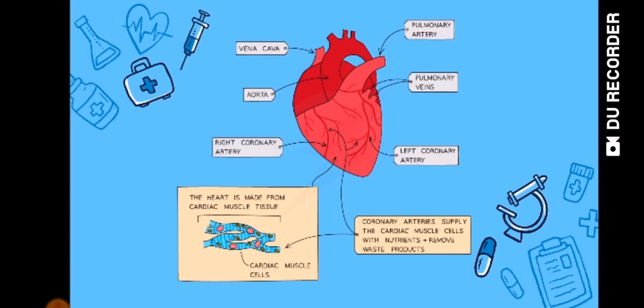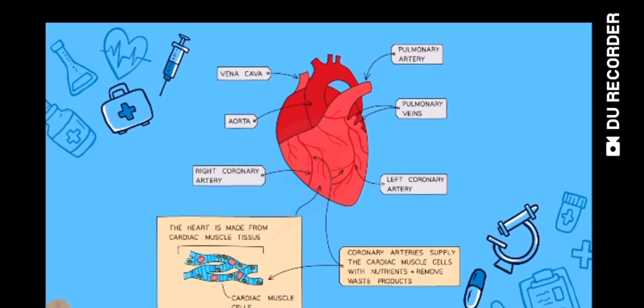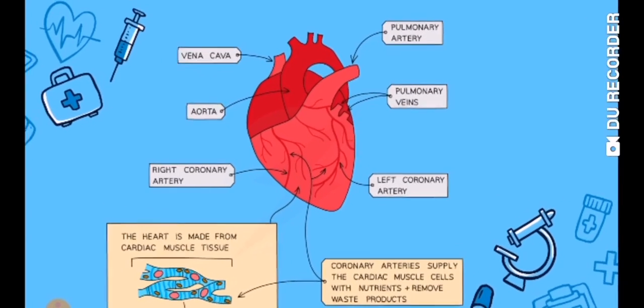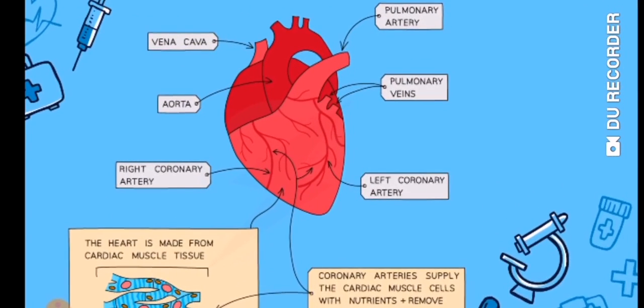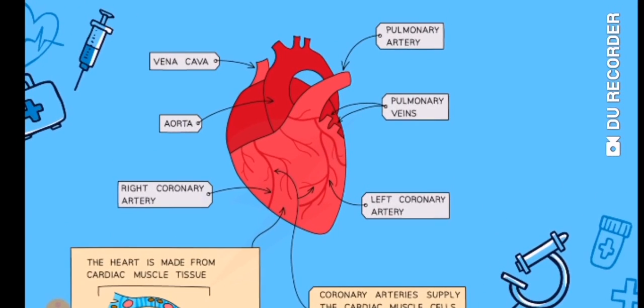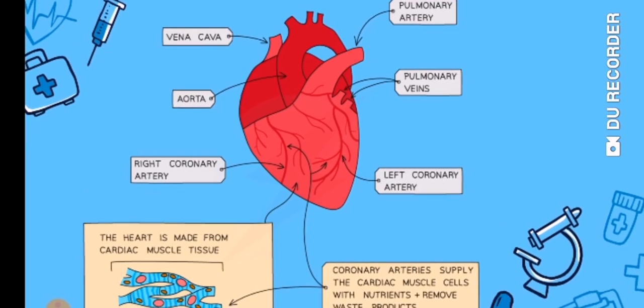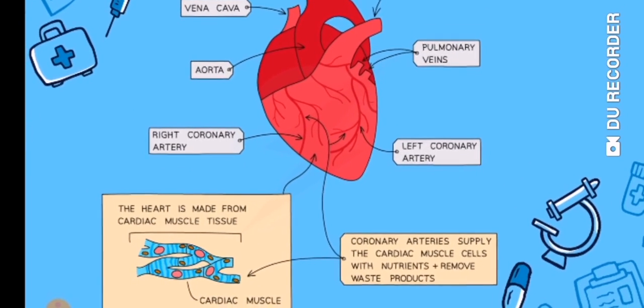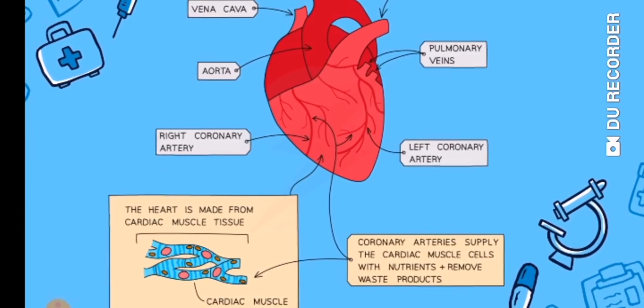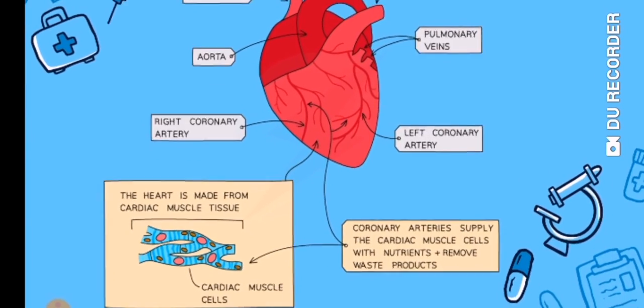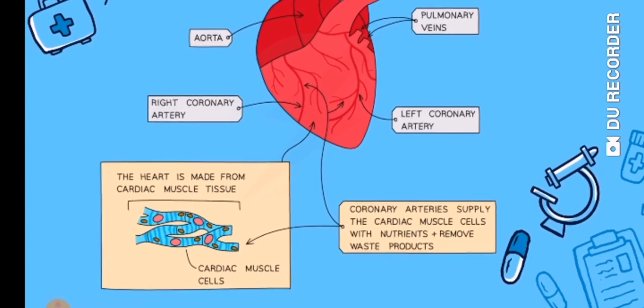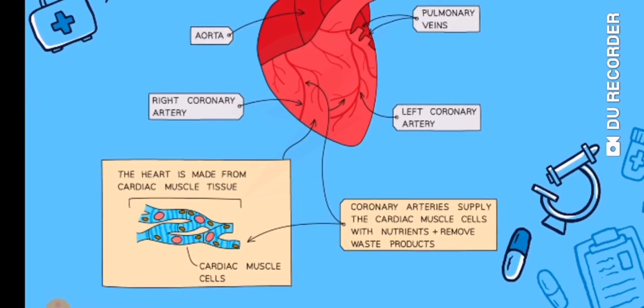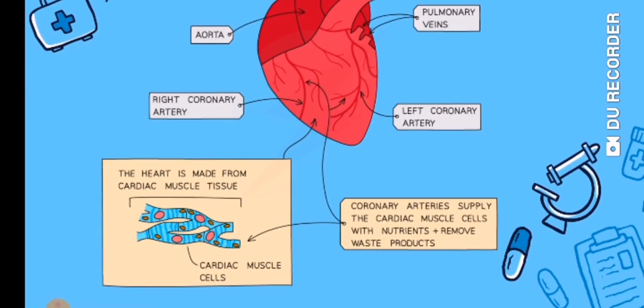Okay, look here. Here we have the vena cava, aorta, right coronary artery, pulmonary artery, pulmonary veins, and left coronary artery. And look here, coronary arteries supply the cardiac muscle cells with nutrients and remove waste products like CO2.